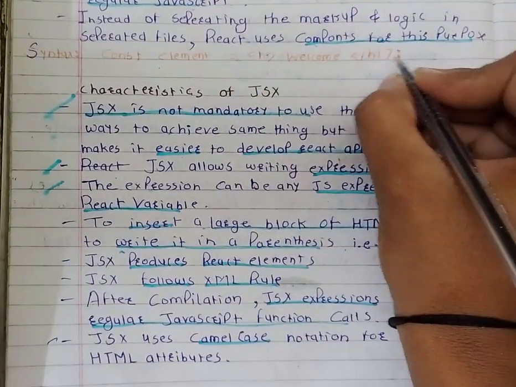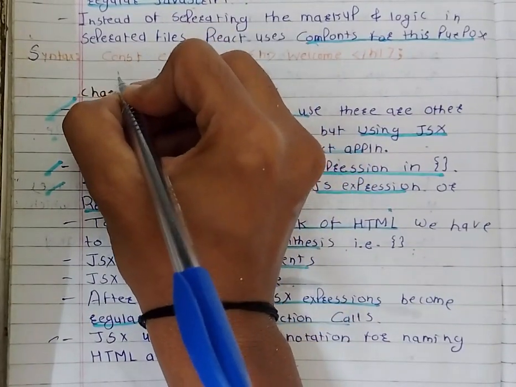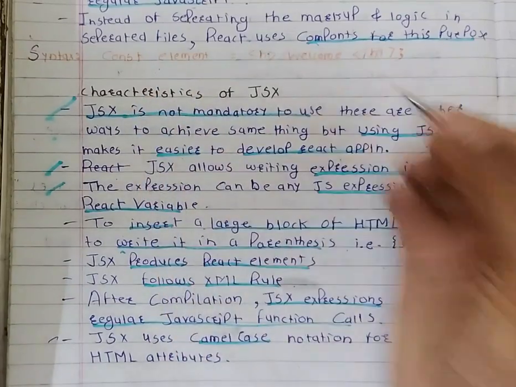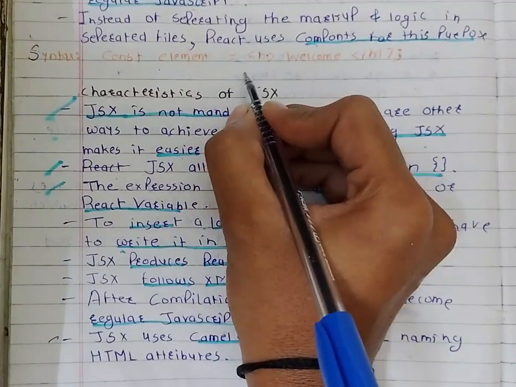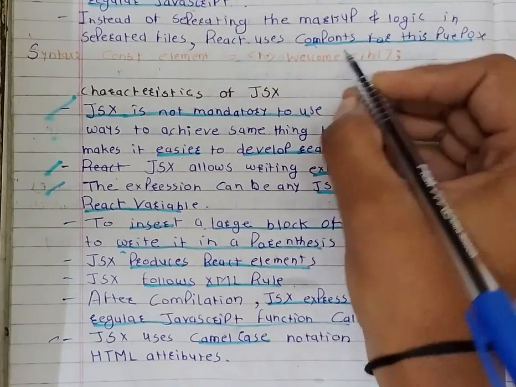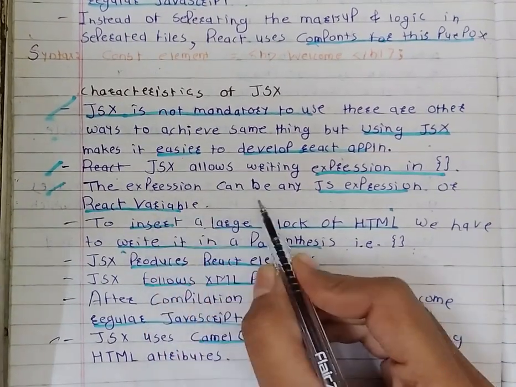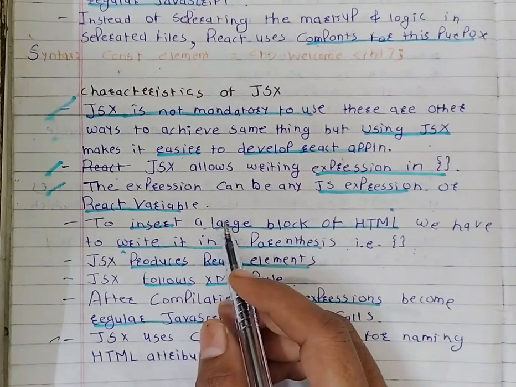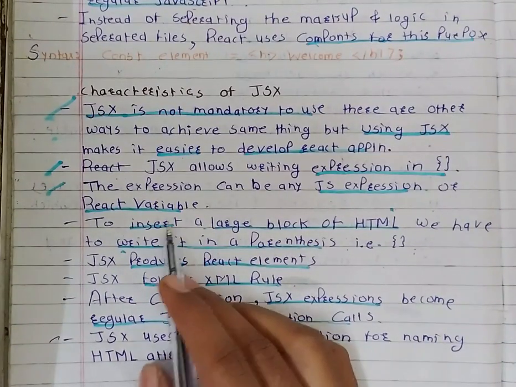If we declare a variable like let name is equal to Pooja, and we return name in curly brackets, it will print welcome Pooja, like that. The expression can be any JavaScript expression or React variable.